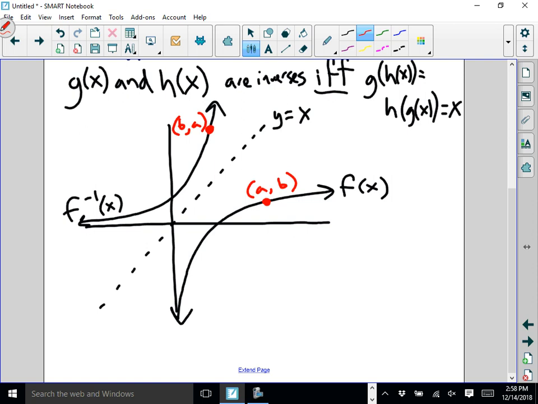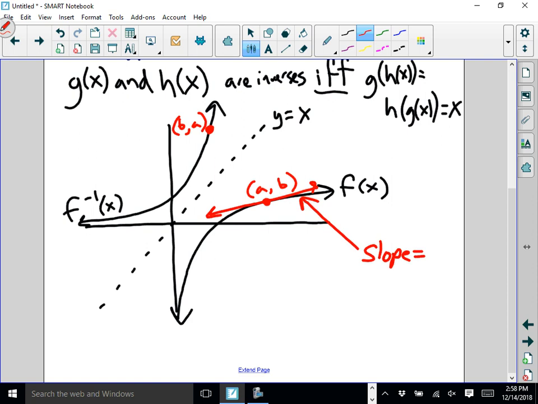So they don't have the same x values, but these 2 points, AB and BA, have slopes that relate to each other. So let's take a look at the slope of the tangent line here. If I draw a slope of a tangent line, let's say this slope equals m.